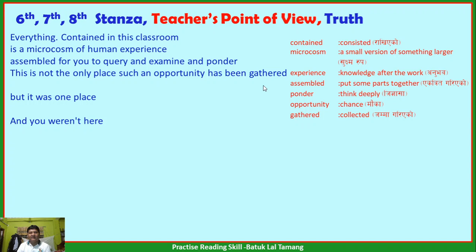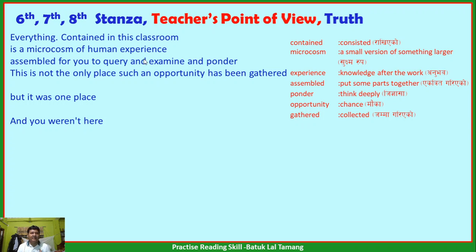Classroom is the microcosm of the human experience, because we can find the collection of human experience in compact form in the classroom. And this kind of compact form cannot be found anywhere else in the world. That's why classroom is called microcosm.